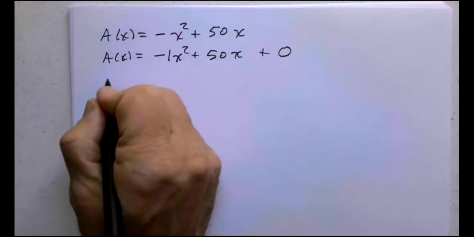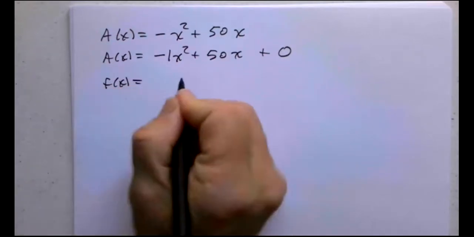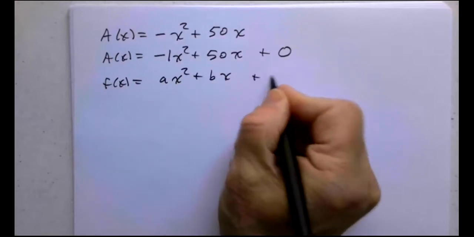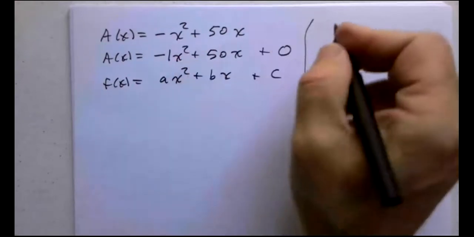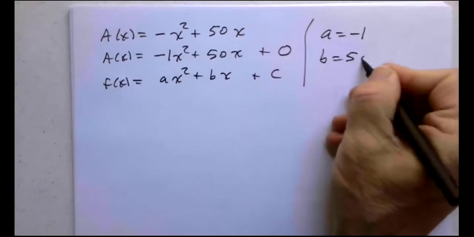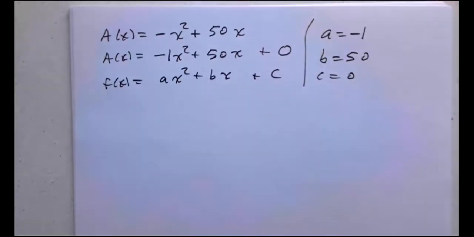And in general, if we have a quadratic function, f of X is ax squared plus bx plus c. So if that's the case, a here is negative 1, and b is 50. C, if you're interested, is 0, but it's not terribly relevant.